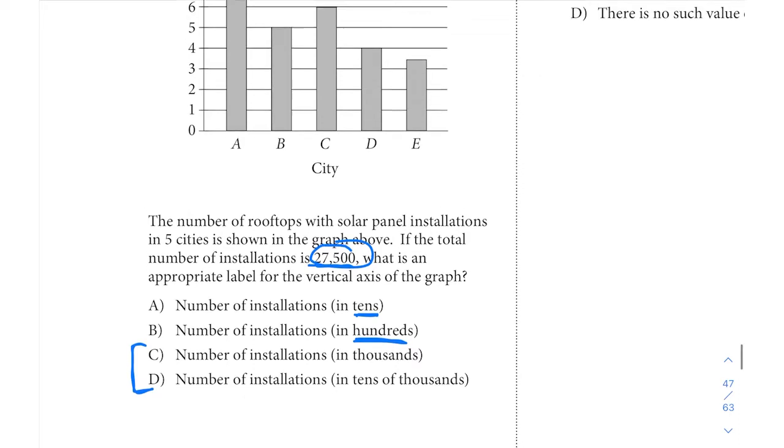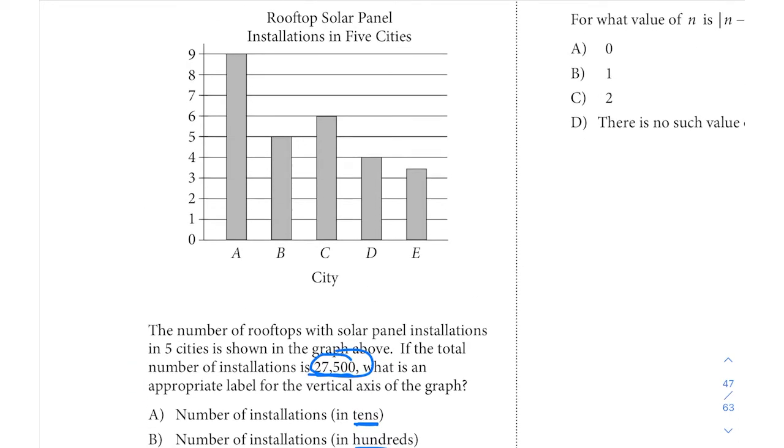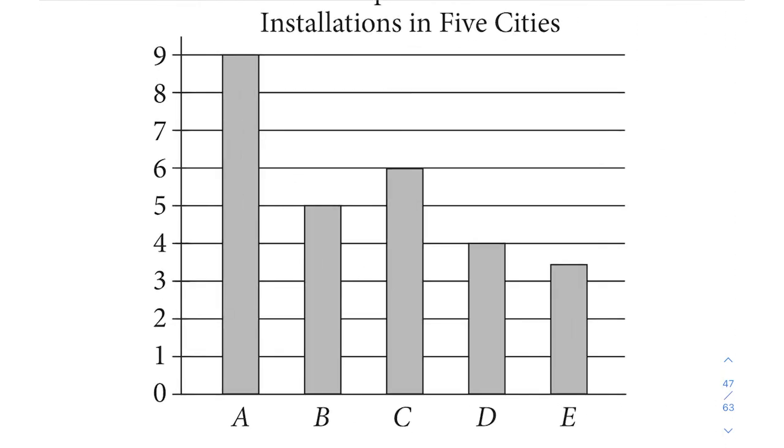So we'll start with C. Let's say each of these are in thousands. Let's see what that would actually look like. If these are in thousands, meaning each of these numbers that you see here is times 1,000 on this vertical axis, then this place would represent 9,000. This would be 5,000.